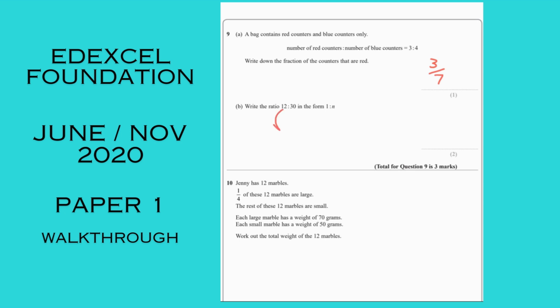You want to get a 1 on there, so you need to do 30 divided by 12. Not the easiest without a calculator, but let's simplify this fraction. Divide top and bottom by 6. It's a bit easier to work out. 5 halved is 2.5.